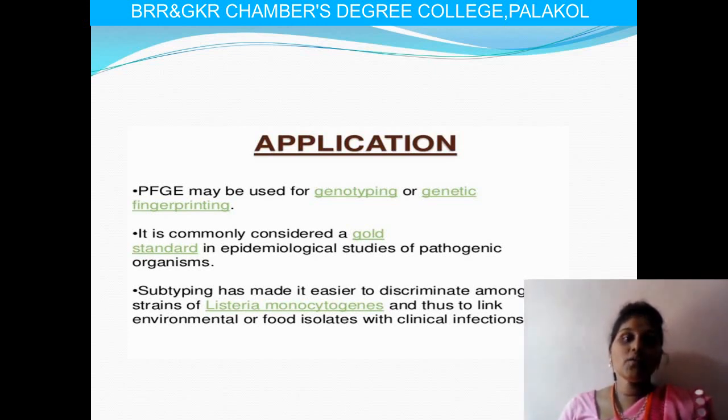It is also commonly considered a gold standard in epidemiological studies of pathogenic organisms, meaning microorganisms like bacteria and viruses. The epidemiological characteristics of these viruses and bacteria can be separated or observed using pulsed field electrophoresis, and it is also used for subtyping, which makes it easier to discriminate among strains of Listeria monocytogenes.